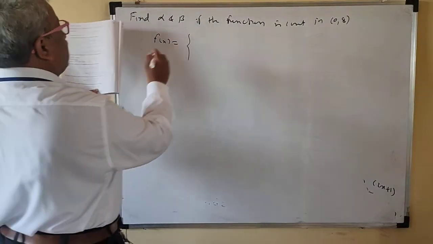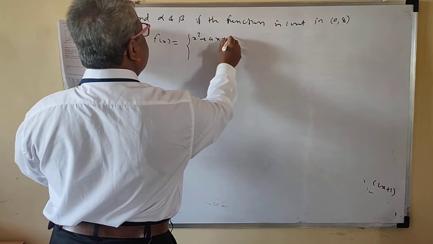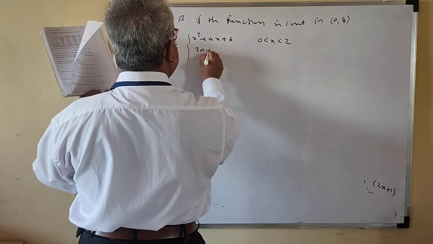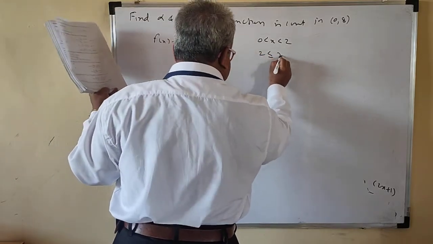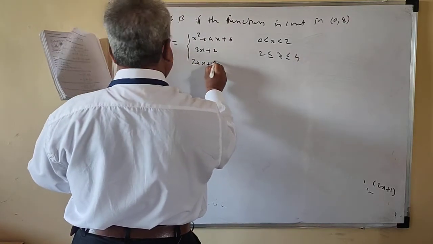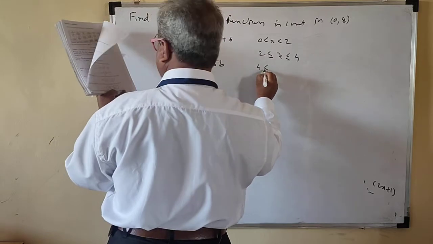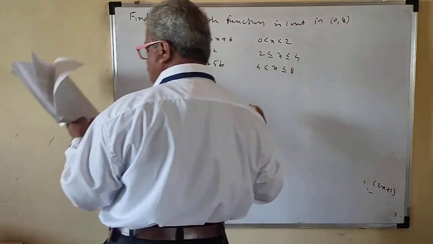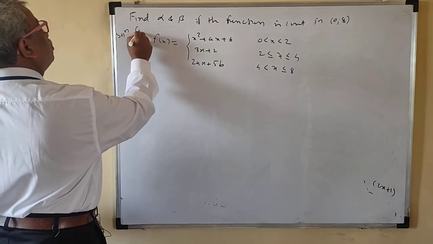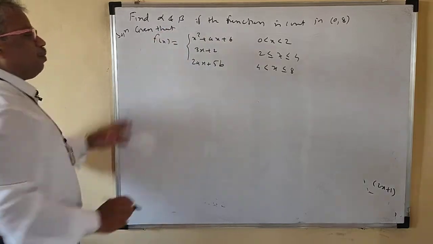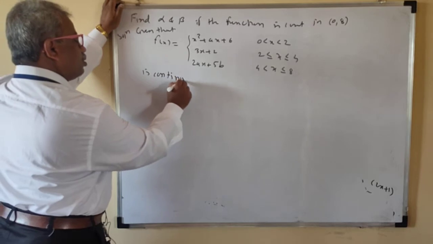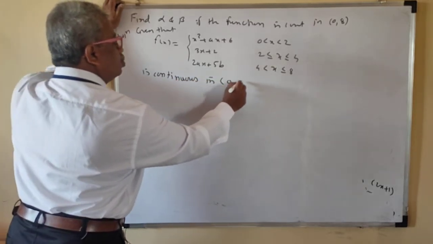Your function is x square plus ax plus 6 for 0 less than x less than 2, 3x plus 2 for 2 less than x less than 4, twice ax plus 5b for 4 less than x less than or equal to 8. Okay, solution. Given that f of x is continuous in 0 to 8.